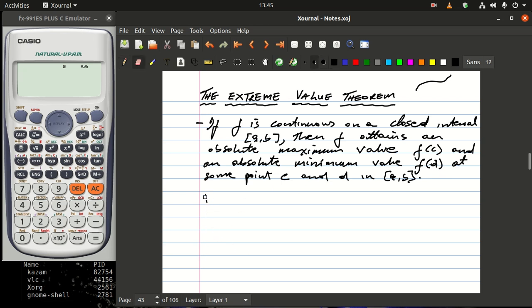Why am I having weird drawings here? So suppose I have a nice drawing like this. I have the x and y plane, and then I also have another one here. I'm going to try and make as many examples as possible so that you can actually see.